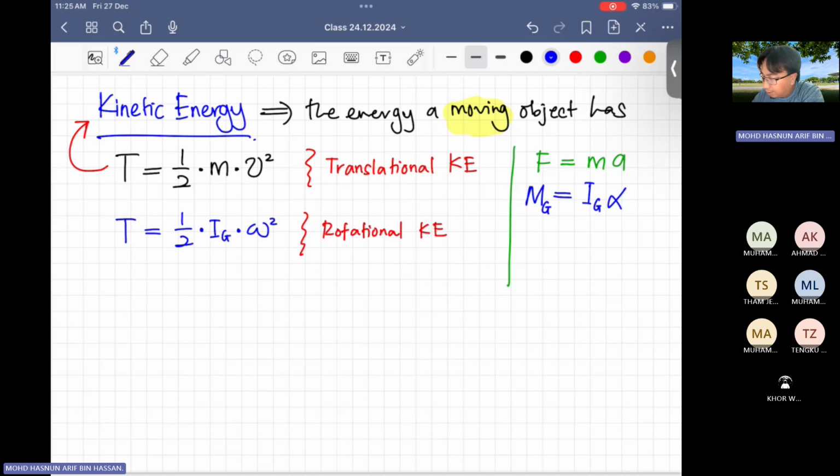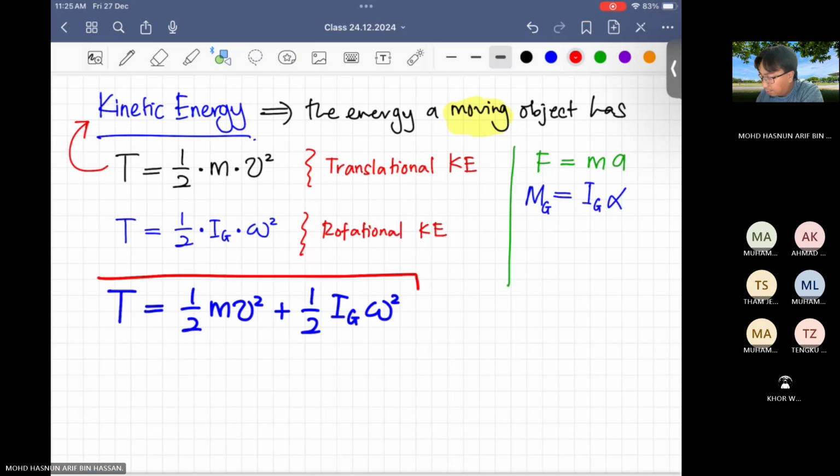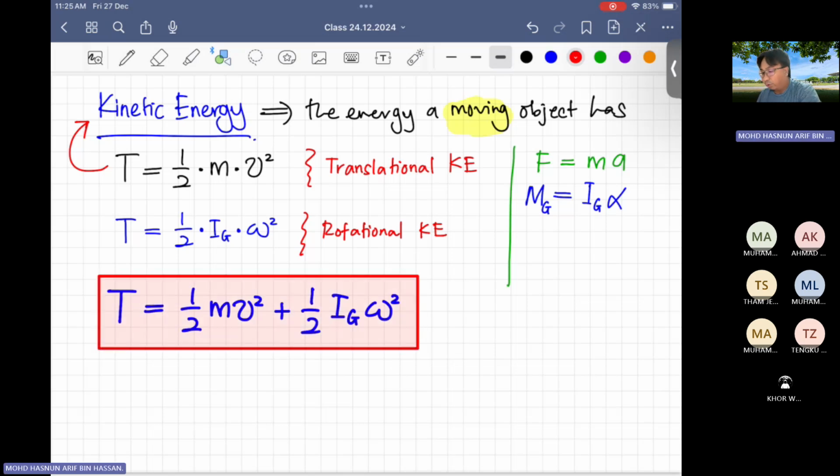So the general equation will become T is 1 over 2 mv square plus 1 over 2 IG omega square. This is the general equation to calculate kinetic energy in rigid body dynamics.